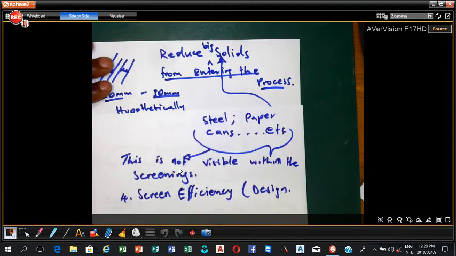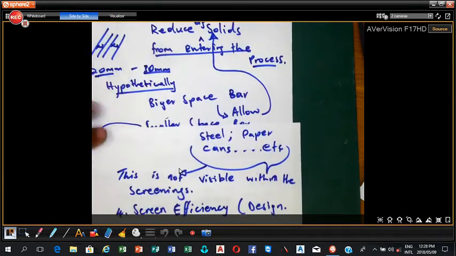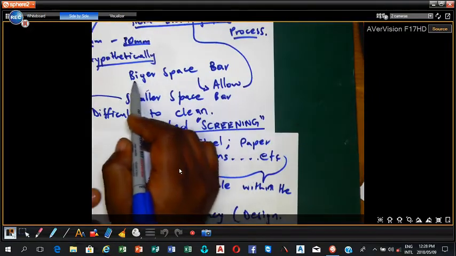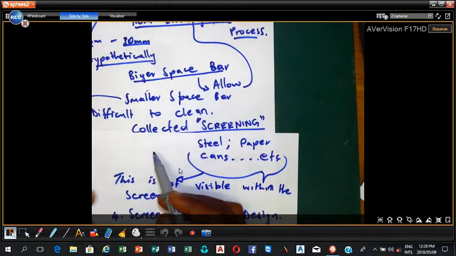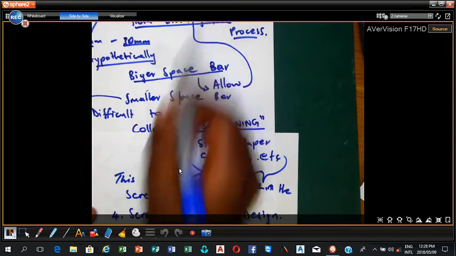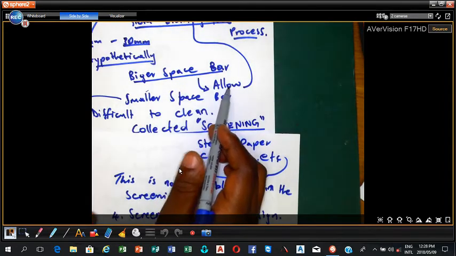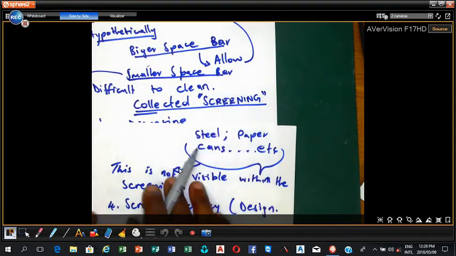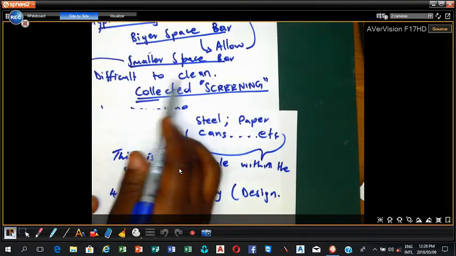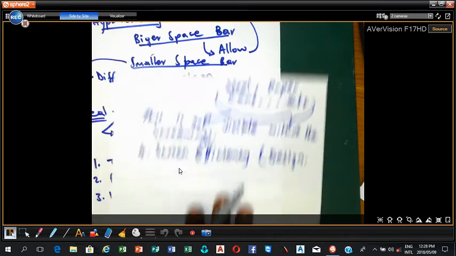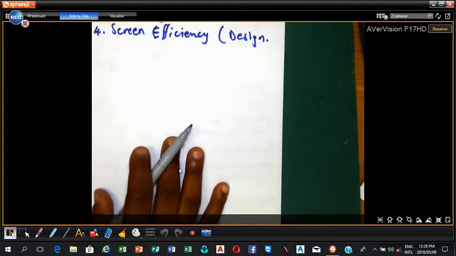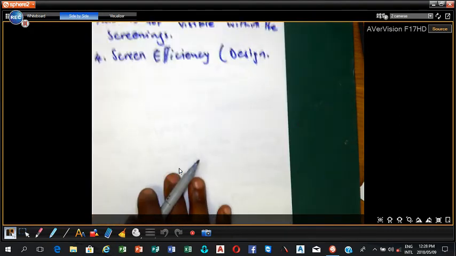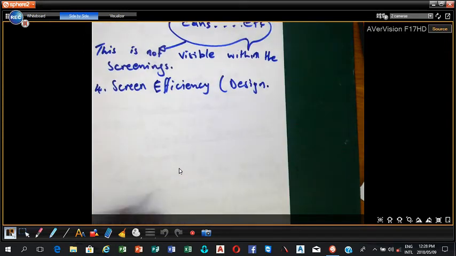That generates the efficiency, because remember we said the bigger the space bars, the more solids it will allow, which is not what we want to pass through the primary treatment. And the smaller the space bars, the more difficult it is to clean through the raking system, manual or even mechanical, automatic in screens.